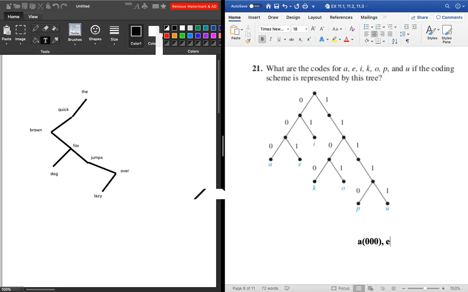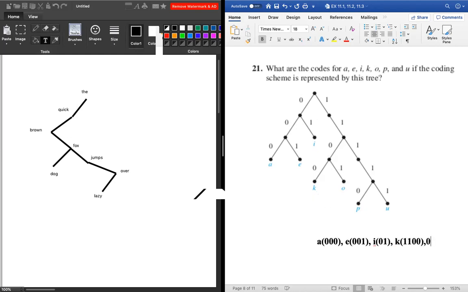For letter E, I will say 0, 0, 1. Letter I, I have 0, 1. And then I have K, so I have 1, 1, 0, 0.